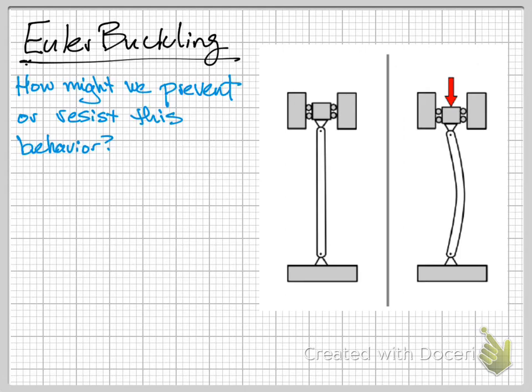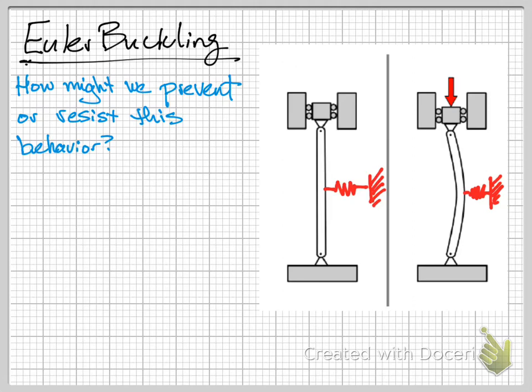So this begs the question, how might we prevent or resist this behavior? We could add a side load somewhere along the column to resist the buckling, which could get larger as the displacement gets larger.